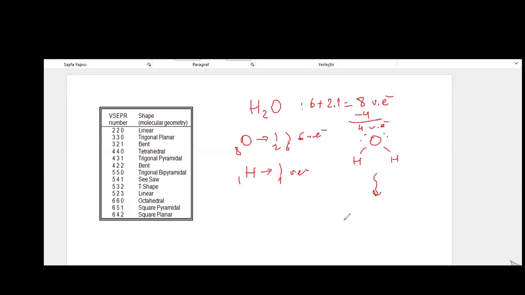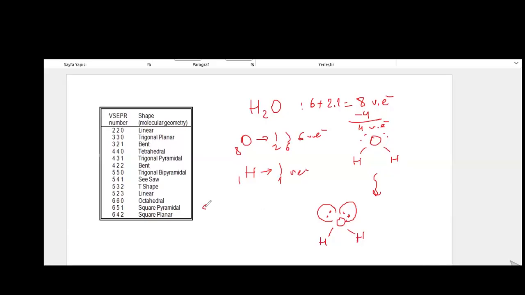That's why our final Lewis structure can be written like this. So if you look at the central atom, there are 2 lone electron pairs on the oxygen atom. Okay, so let's check the shape of that molecule right now.